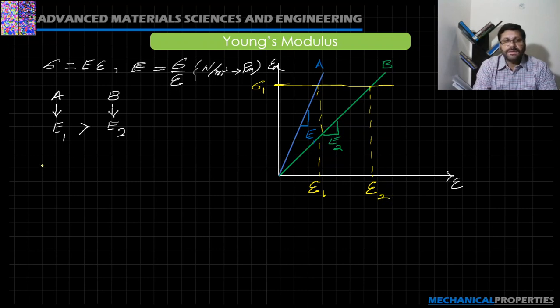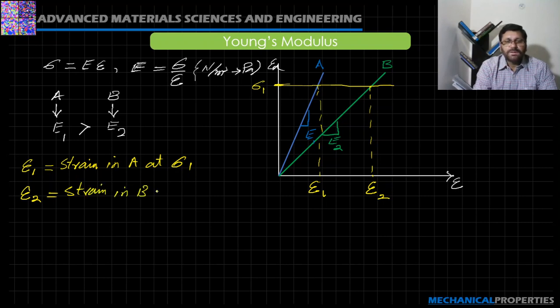Now this indicates that epsilon 1 is the strain in material A at stress sigma 1, and epsilon 2 is the strain value in material B at the same stress of sigma 1.